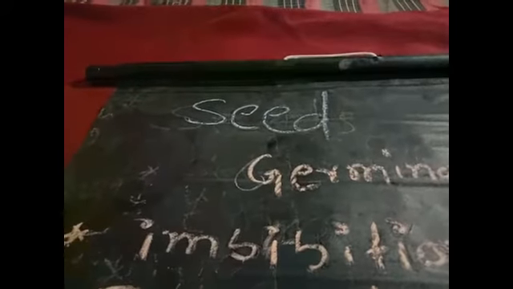So what is the process of seed germination? We know that when the seed gets water, warmth and air, first of all the seed absorbs the water and swells up. That process is called imbibition. When the seed absorbs the water, what will happen?